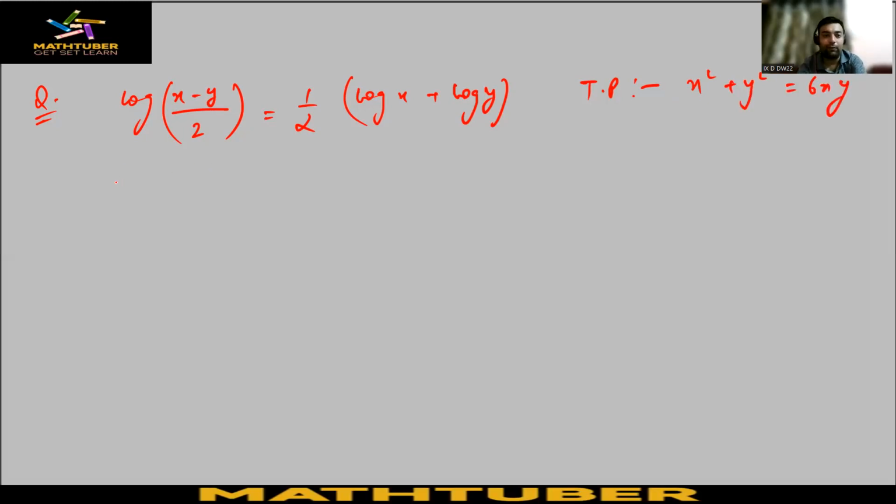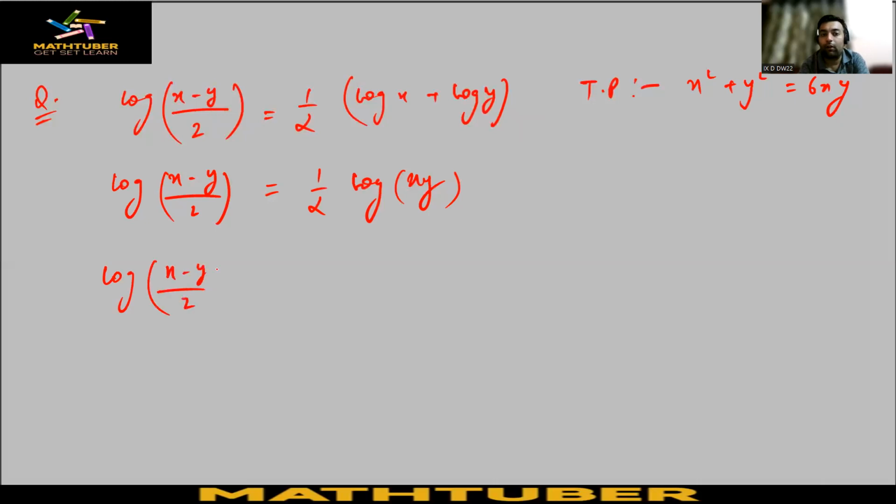Now what we have to do is, we have to compare them. So we take this 1 by 2 (log of x plus log y), which can be written as log of x into y. And if this half will come to the power, it will be log of (x minus y) by 2 is equal to log of under root xy.